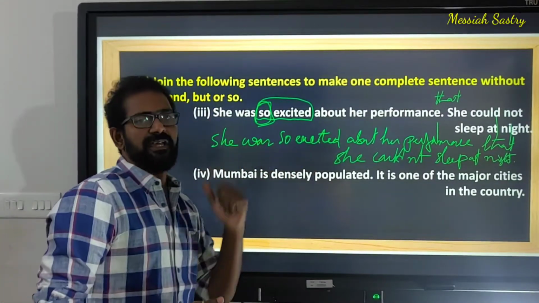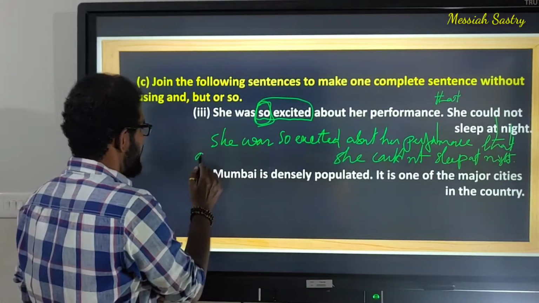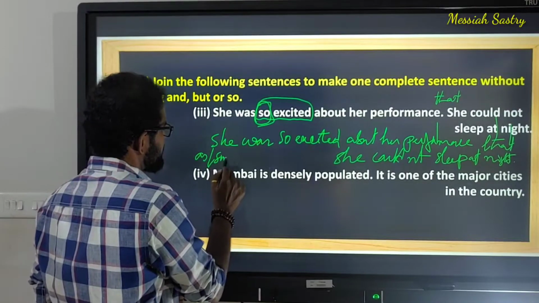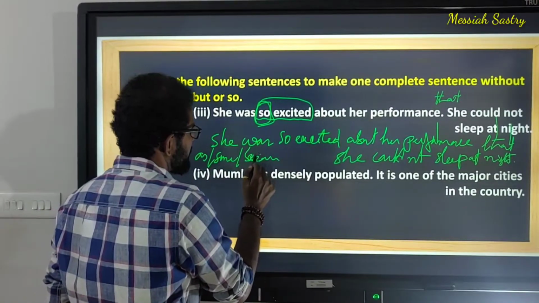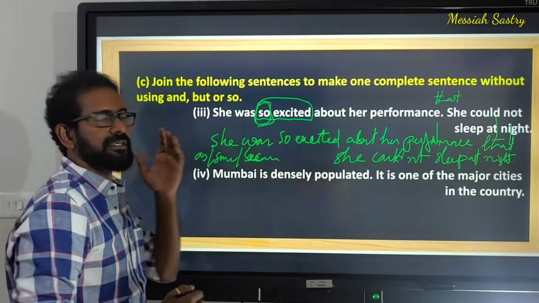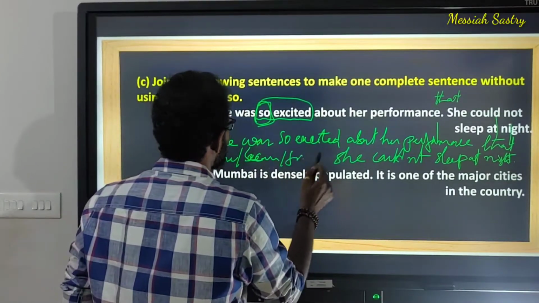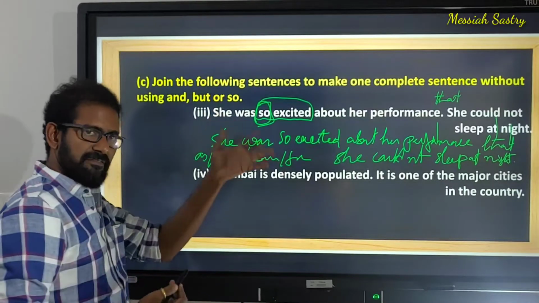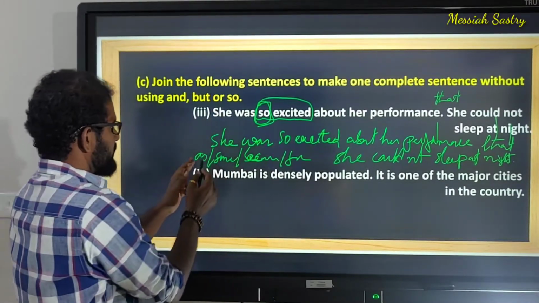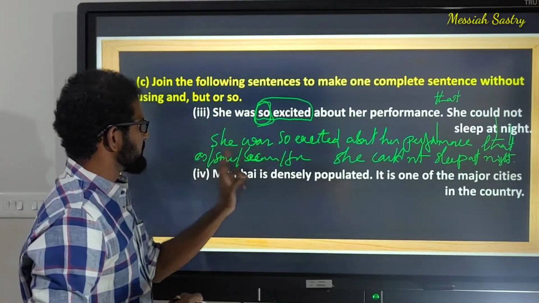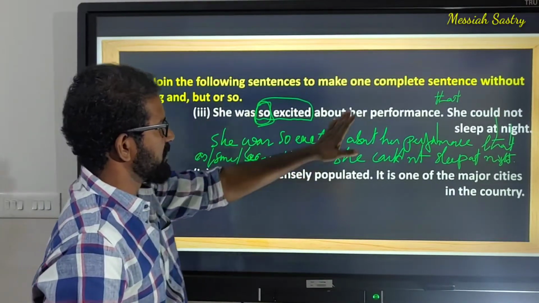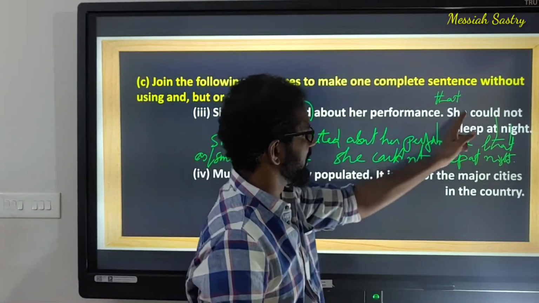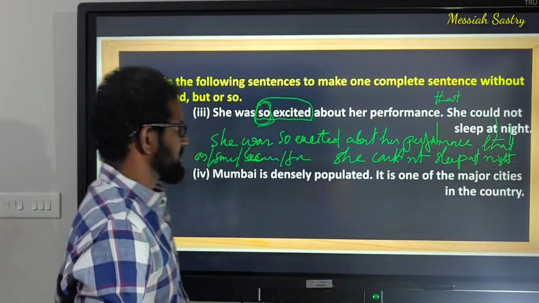We can also write using as, since, because. You can also use as, since, because, even for, even participle. For example, let's see with as, since. As she was so excited about her performance, she could not sleep at night.